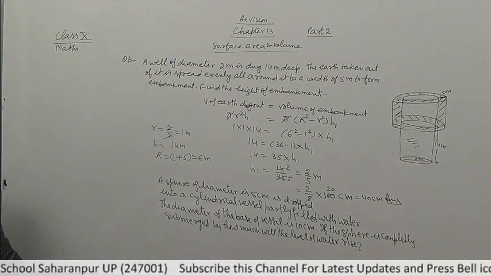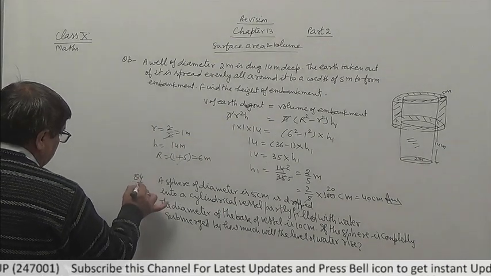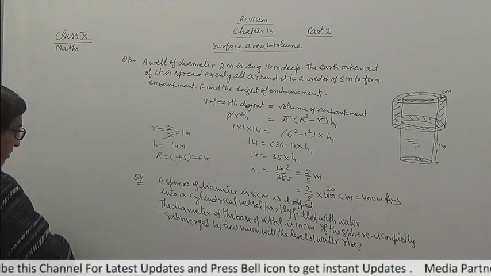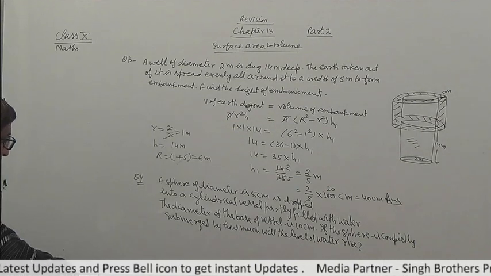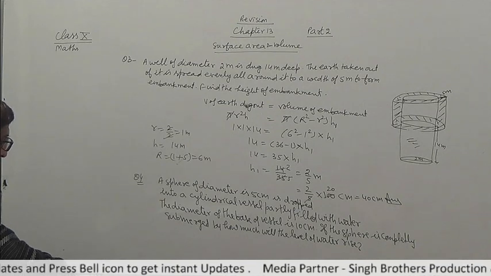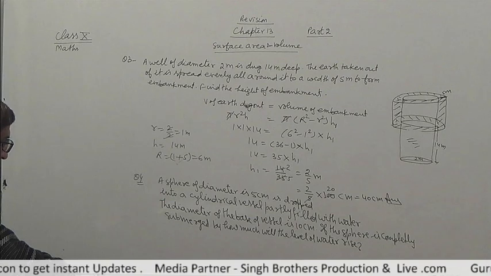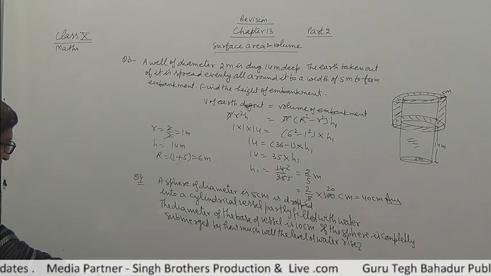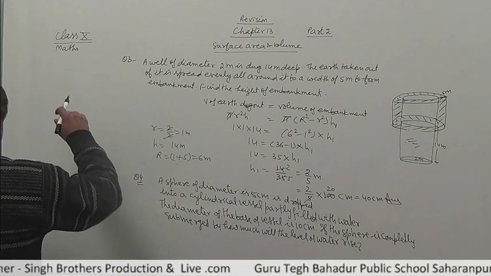This is question 4. A sphere of diameter 5 centimeter is dropped into a cylindrical vessel partially filled with water. The diameter of the base of the vessel is 10 centimeter. If the sphere is completely submerged, how much will the level of water rise?